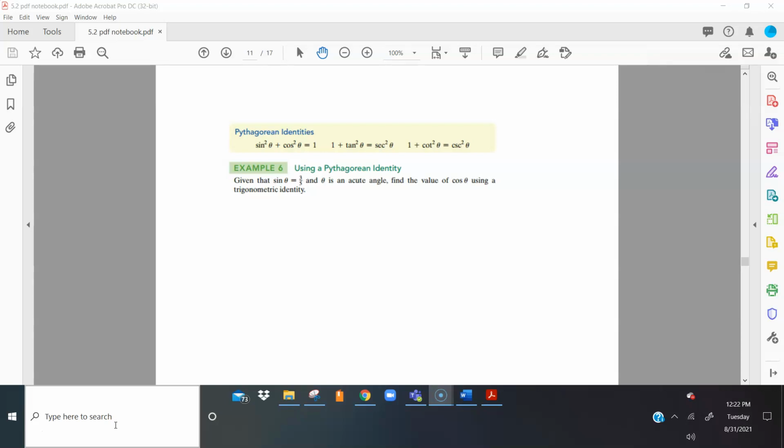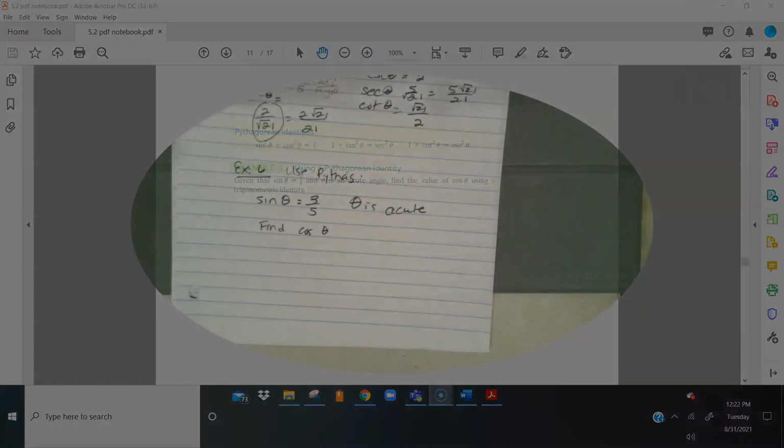Okay, it gives me sine. I'm looking for cosine. This is the Pythagorean identity that has both sine and cosine: sine squared plus cosine squared equals 1. I will use that identity to locate the value of cosine, and it looks like this.